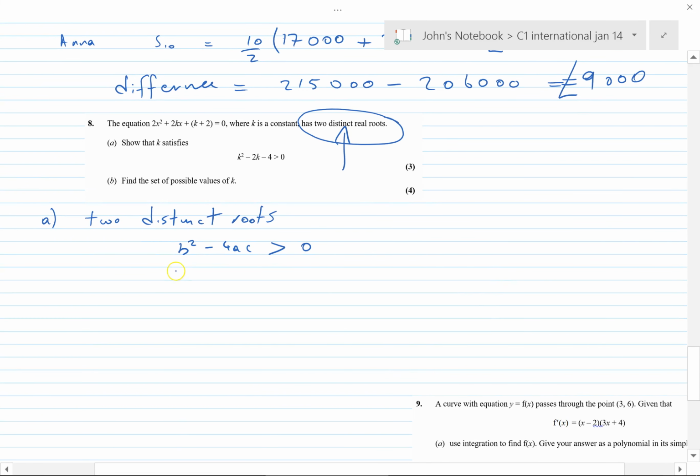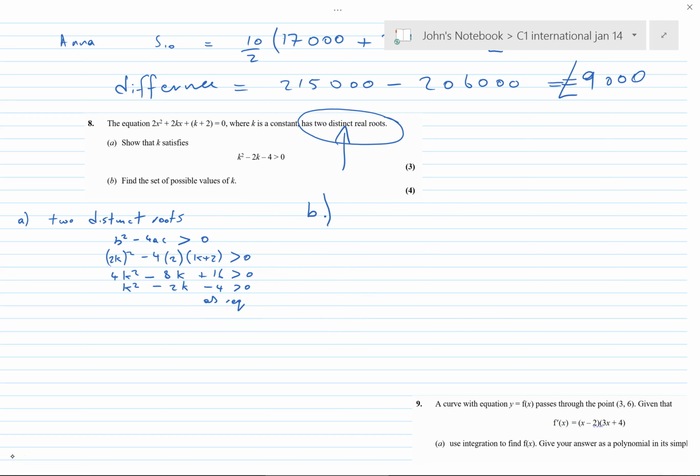So then we can say that 2k squared, take away 4 times a, which is 2, times by c, which is k plus 2, greater than 0. So it gives me 4k squared minus 8k plus 16 is greater than 0, which is k squared minus 2k minus 4 greater than 0 as required.